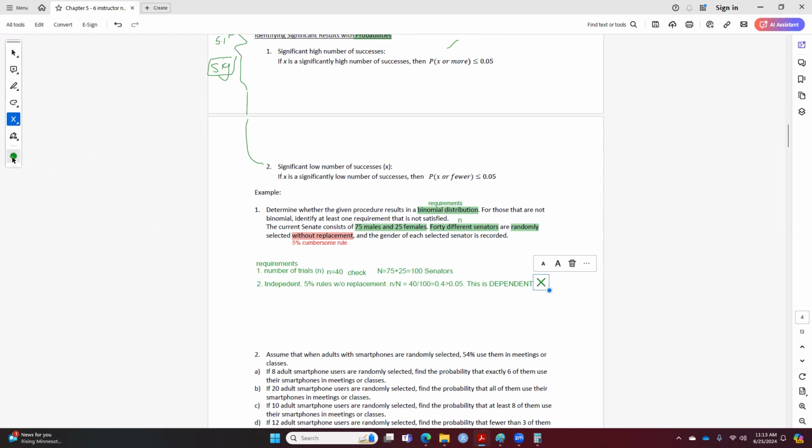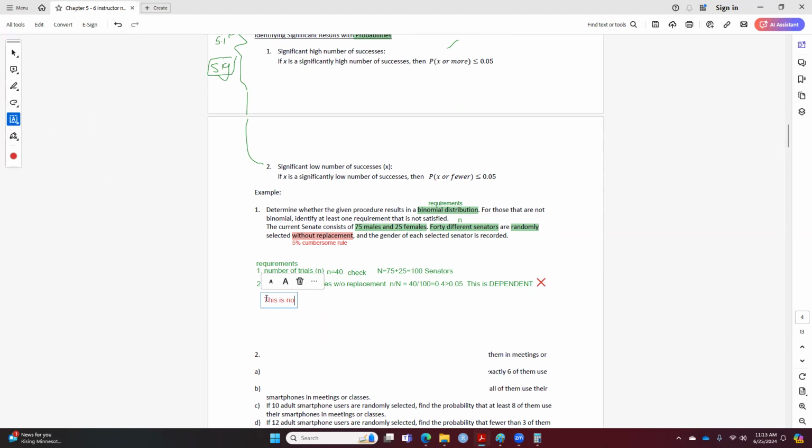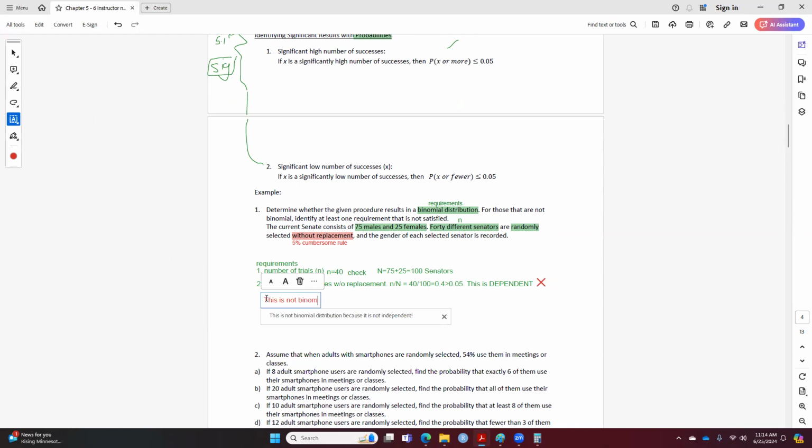So because of this, the answer is this is not binomial, because it is not independent. Okay, so that's the reason why. If you want, you can continue to check the rest of it, but because this rule does not satisfy, this is no longer a binomial.